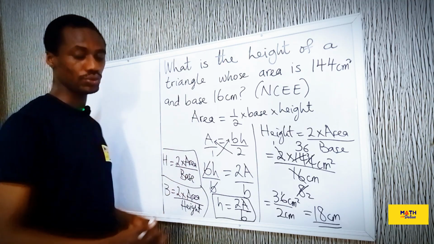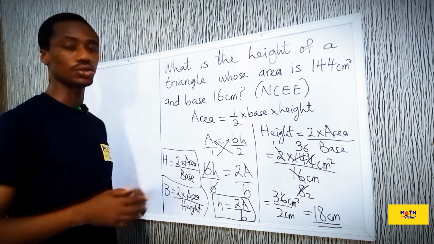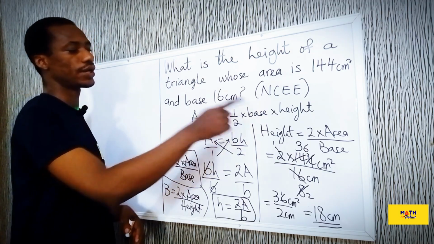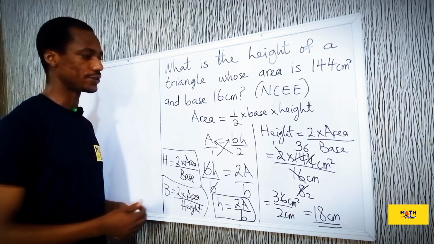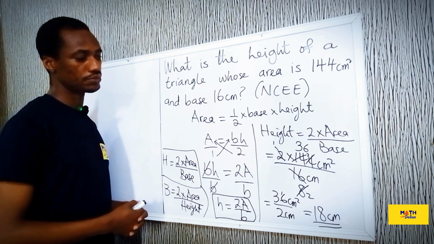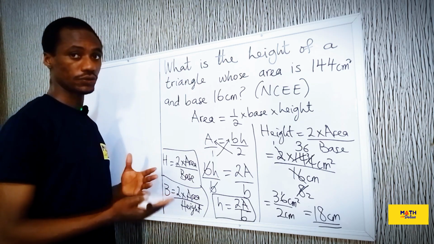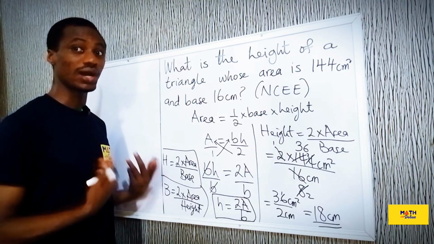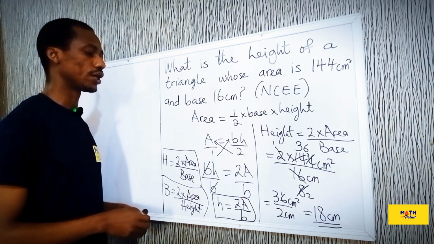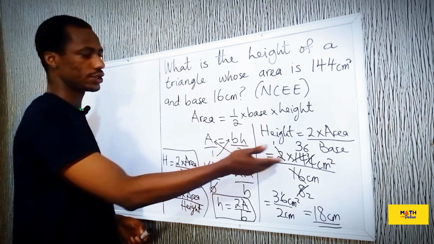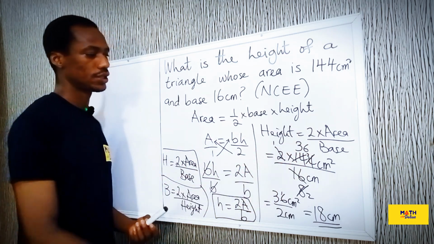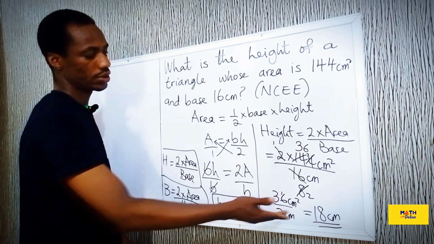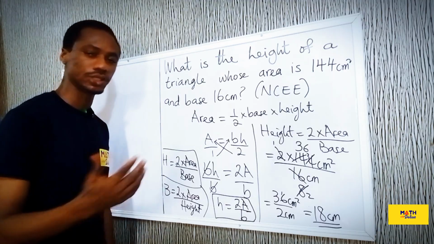I showed you how to do that by changing the subject of the formula area equals half times base times height. Take note of the formulas so you know which to apply when solving your problem. So we slot in 2 times the area divided by base, then we did the evaluation and got 18 centimeters.